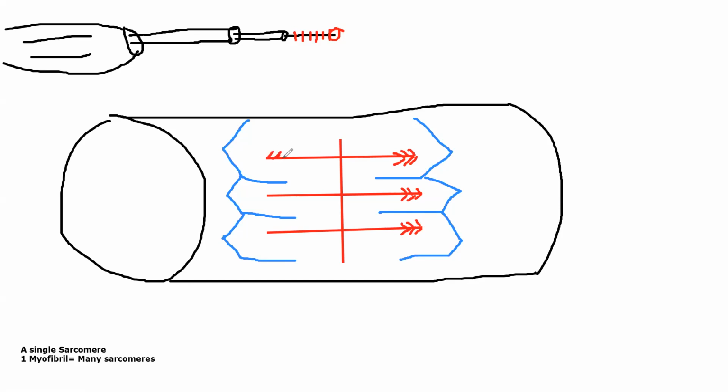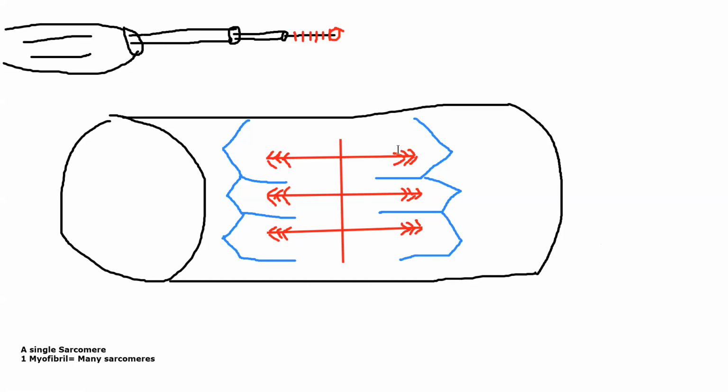We're going to talk about the structure of these on a few slides down, but these are pretty much just differently shaped, filamentous proteins that are responsible for the shortening of muscle.